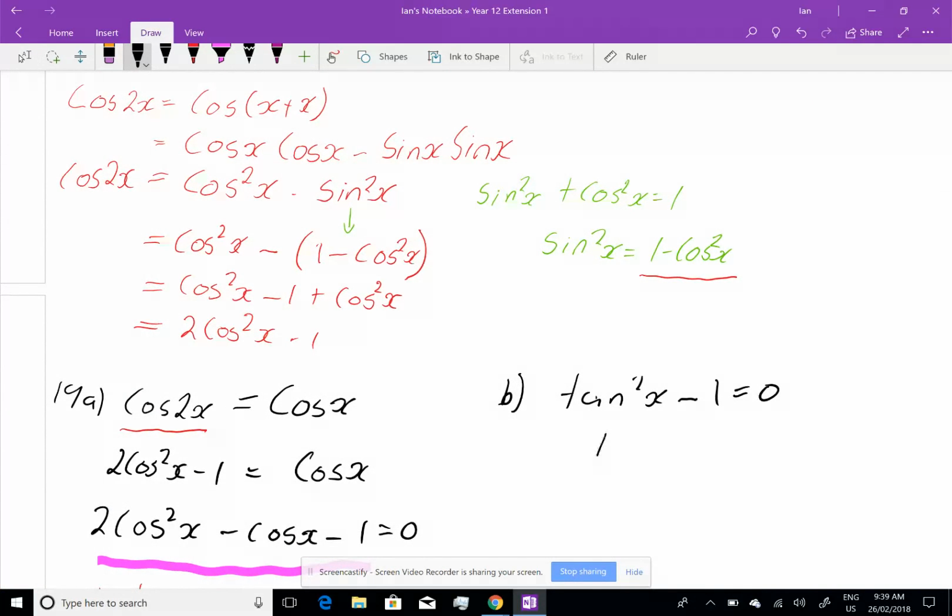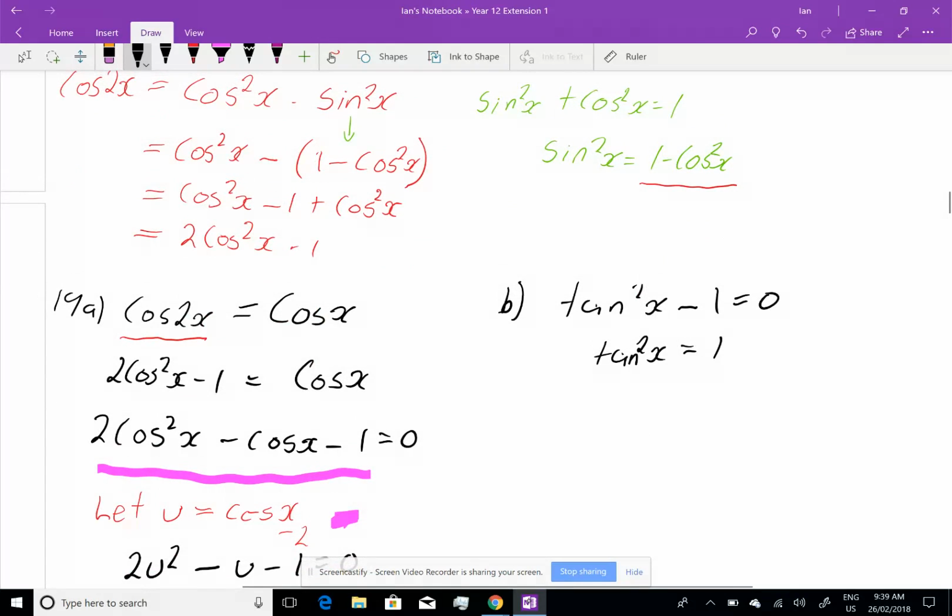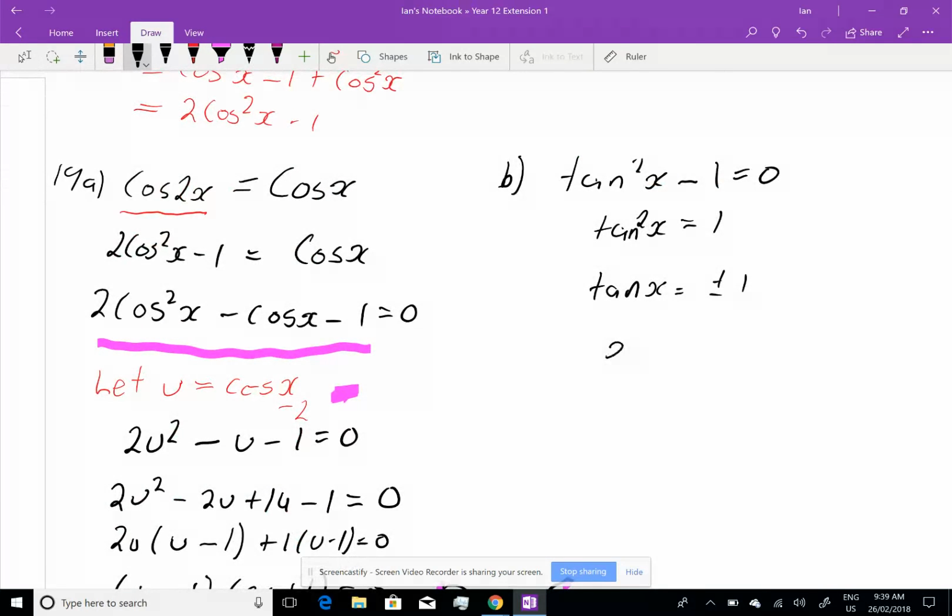Well, we'll take that 1 over the other side and get tan squared x equals 1. So tan x equals plus or minus 1, so x equals inverse tan of plus or minus 1.